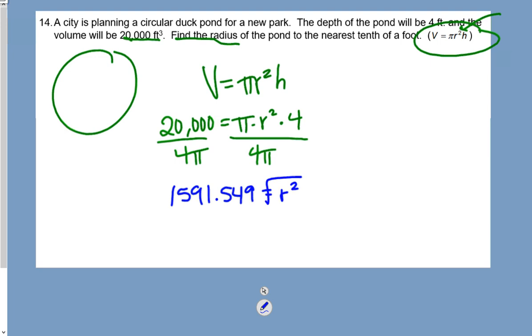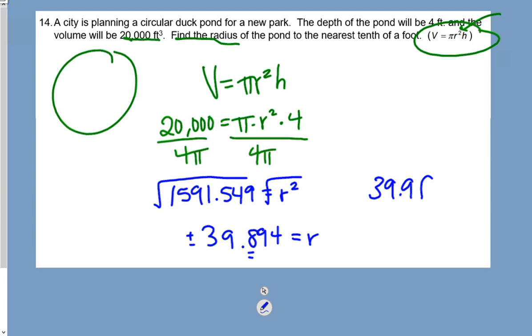So I still have to take the square root of both sides. We take the square root, and we get 39.894, again, positive and negative, as the radius. Well, again, we just want the positive one because you wouldn't say that it's negative 39 feet across or something like that. So I'm just going to go with the positive, and it says tenth, so that's 39.9 feet.